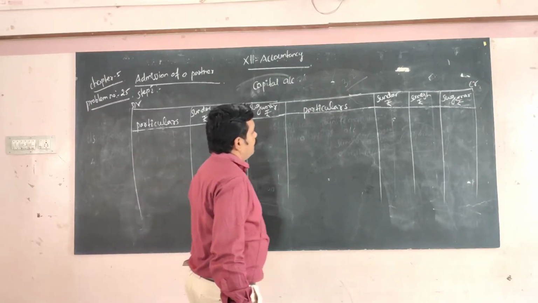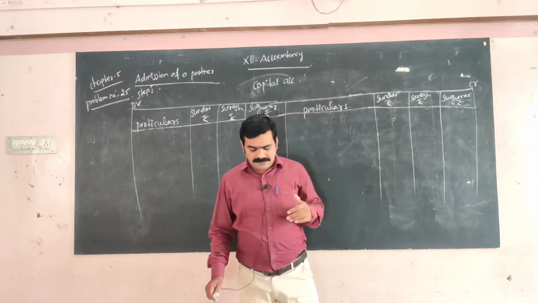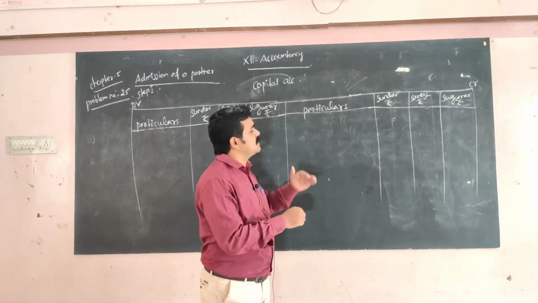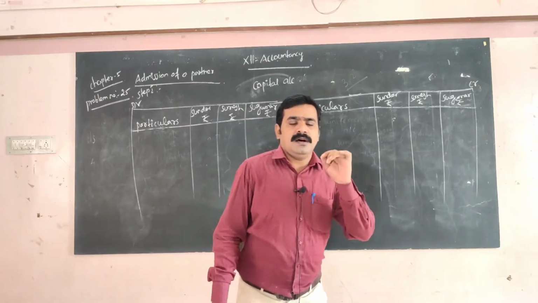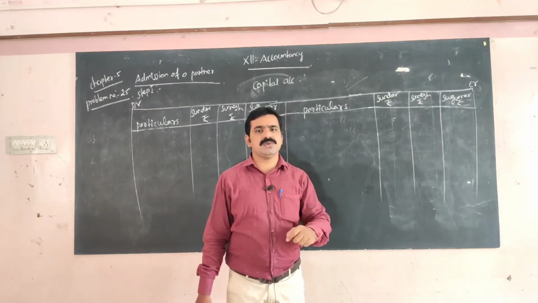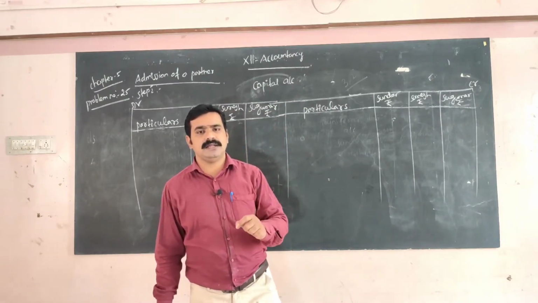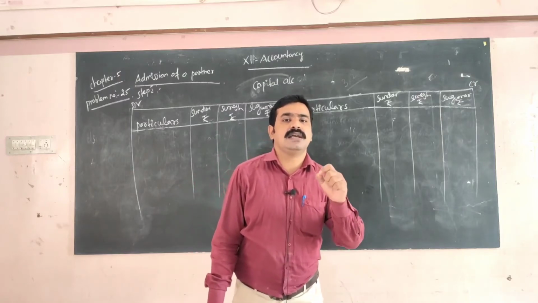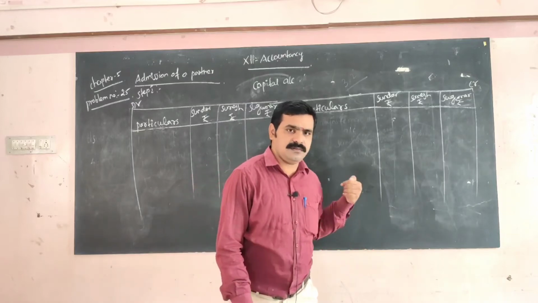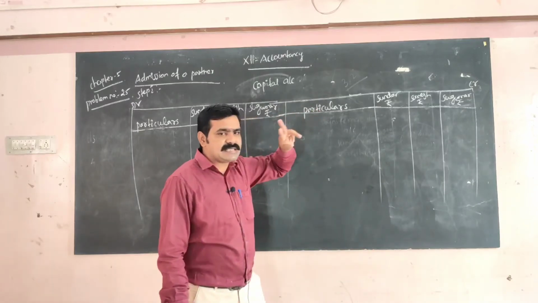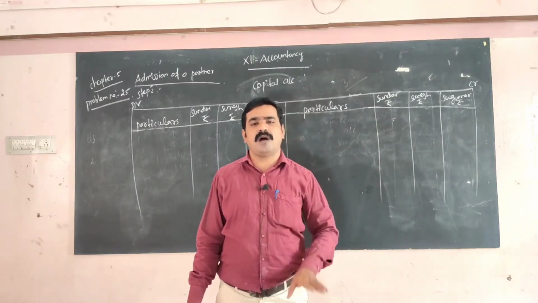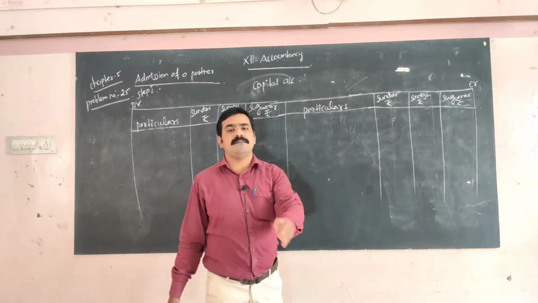Now, what is the first information in this capital account? When you are opening the capital account, first you have to mention the opening balance of capital. This amount is given in your problem, in your balance sheet.